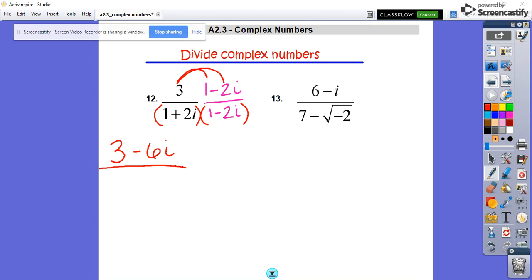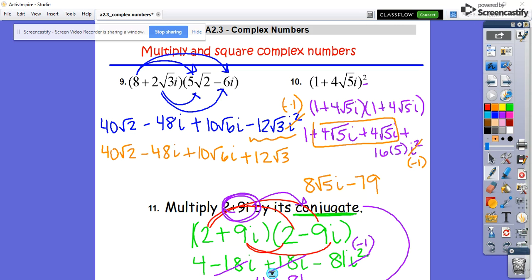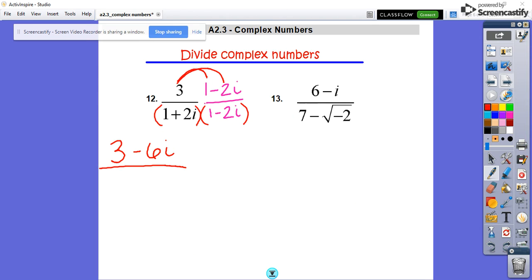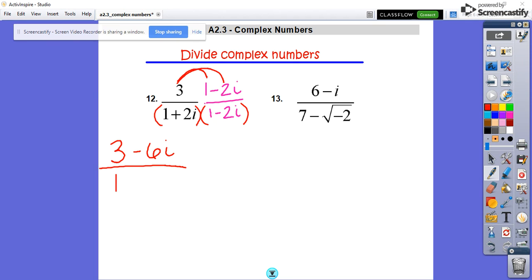The O and the I, let me see if I can flip back kind of quickly. It doesn't want to move very fast. When I FOILed these, do you see how the middle terms canceled out right here? Okay, they're going to do the same thing. So I can FOIL and just do the first. 1 times 1 is 1. And I can just do the last. 2i times negative 2i is negative 4i squared.